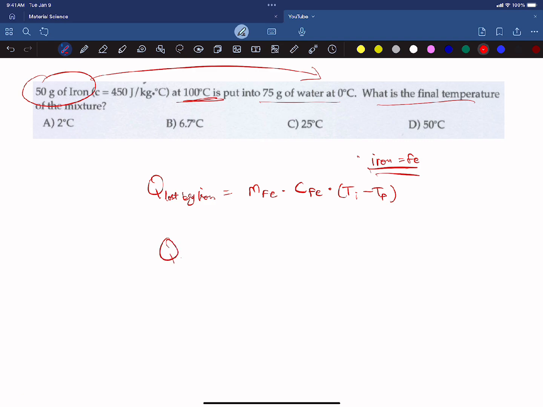Same way, heat gain by water is mass of water times specific heat of water times temperature final minus initial.